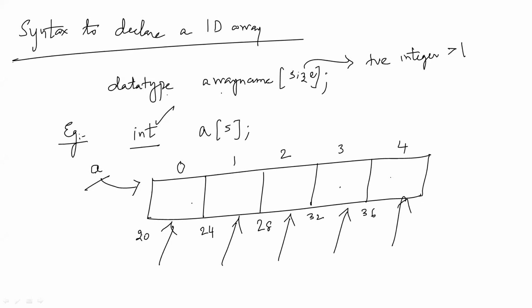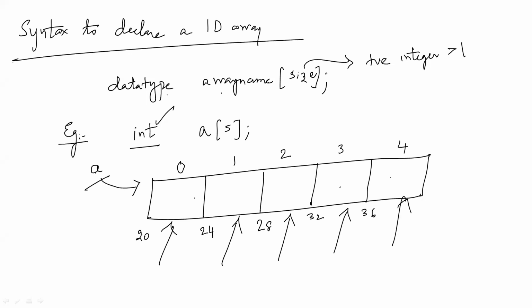Now, what should I do, sir? My real thing will be, maybe I want to store values into the array blocks. I want to retrieve values present in the array blocks, right? I want to retrieve values and perform some operations on the values present in the array blocks, whatever it may be. I want to access the elements of the array.